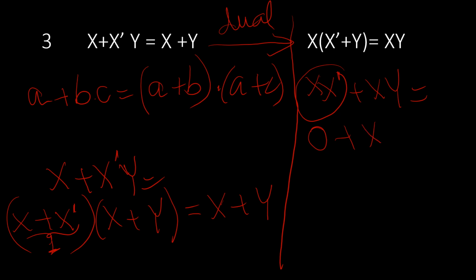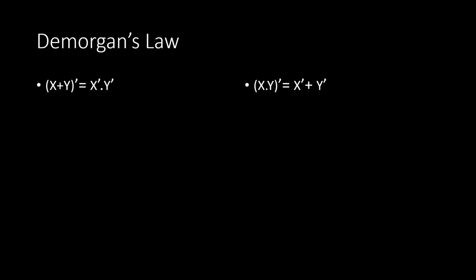So x or y is equal to x anded with y. Good. So you need to memorize the 3 simplification theorems in order to use them to simplify very big expressions in Boolean algebra. It's very easy. You have to master your theorems, and in this way you will be able to use them.